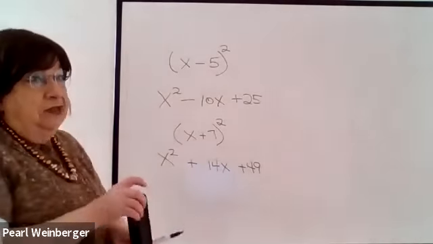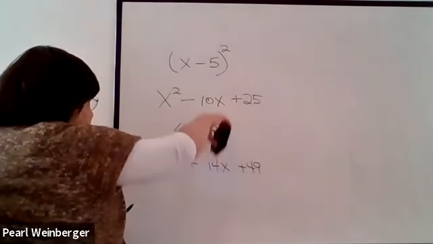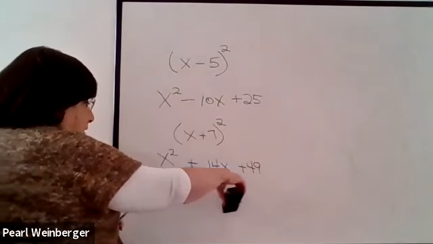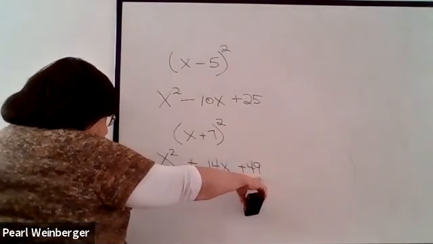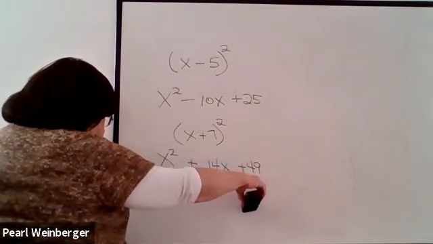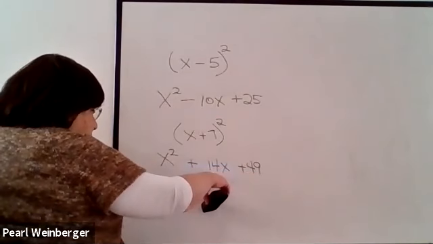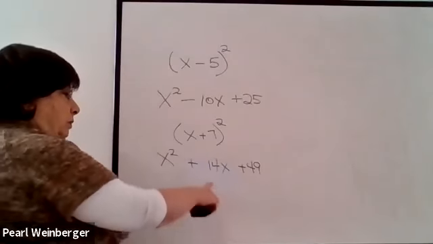Okay, so let's see if you really understood this. Notice the relationship between the number in front of the x and the last number. The last number, if you take its square root, you get 7. 7 times 2 is 14. Or vice versa.